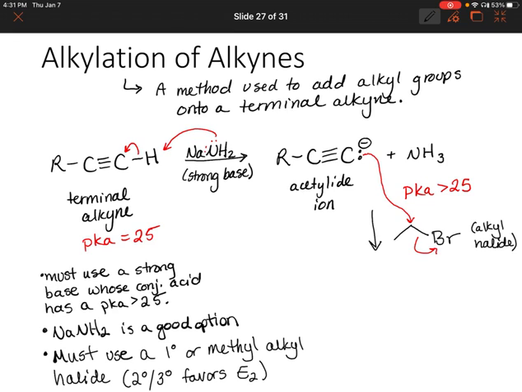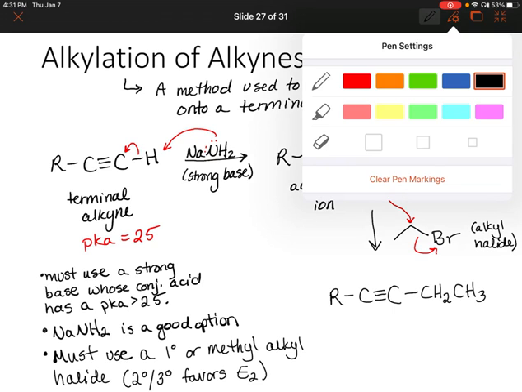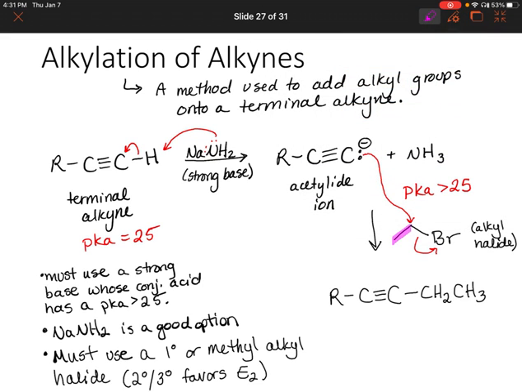Okay, so now in our last bit here, we're just going to draw the product. So our acetylide ion has now bonded to that ethyl group. And I'll just highlight that for you so you can kind of see what we added on there.